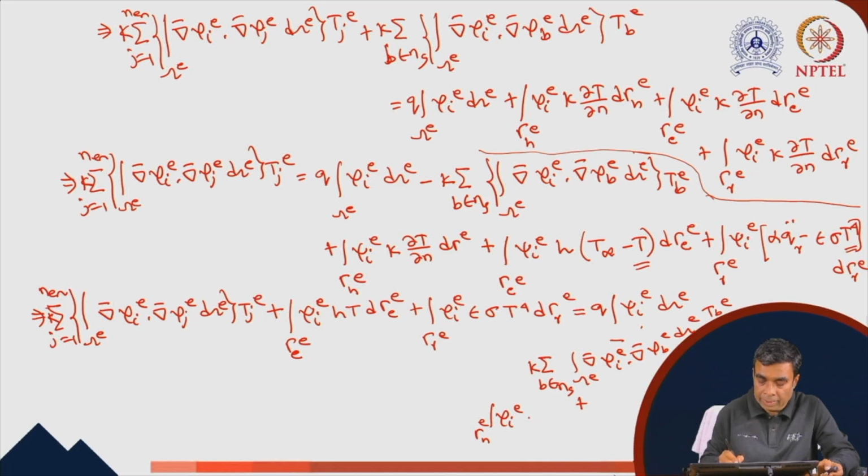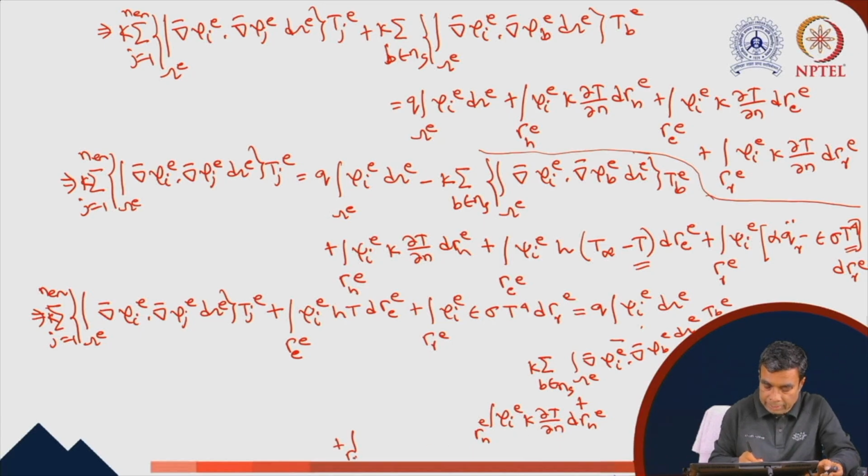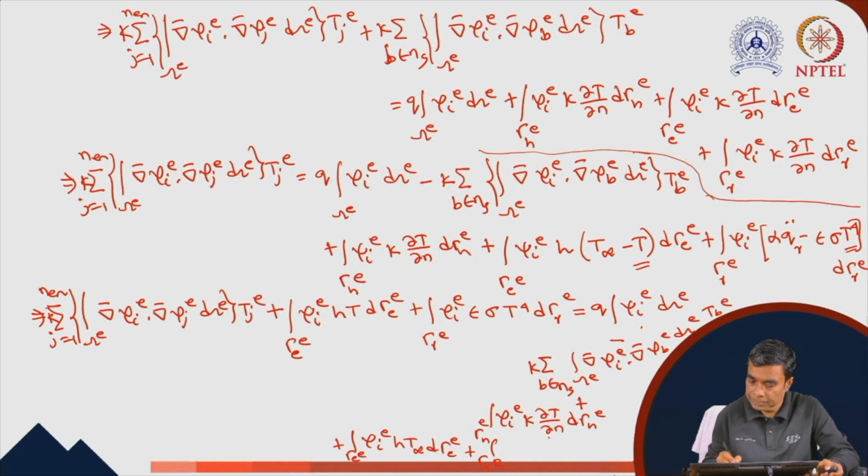This is the natural boundary condition part, K del T del n d gamma he, plus integration over gamma ce of psi ie h t infinity d gamma ce plus integration over gamma re of psi ie alpha qr double dot d gamma re.